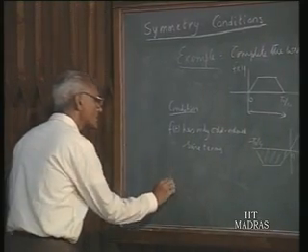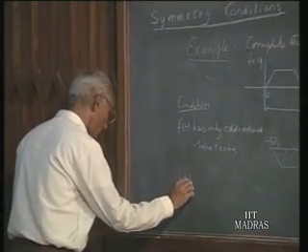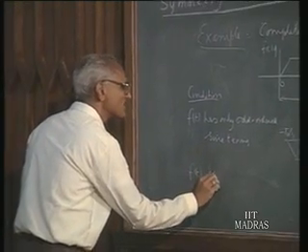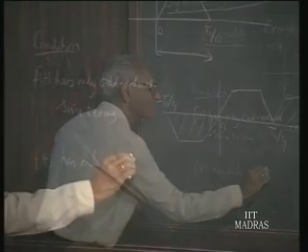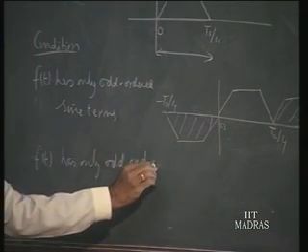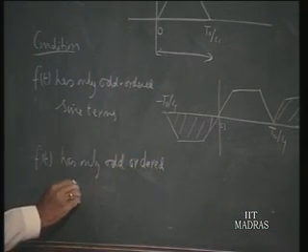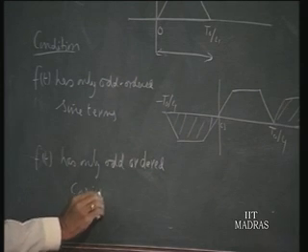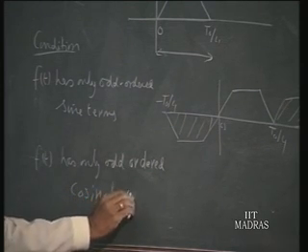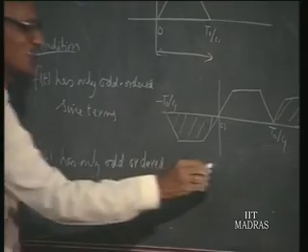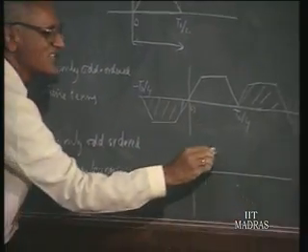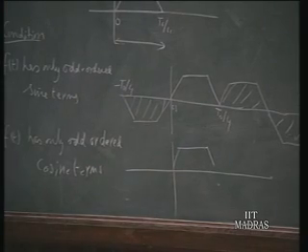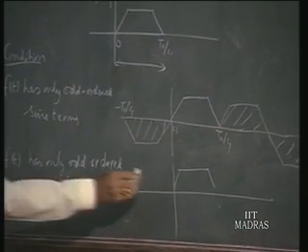Suppose it is said that f of t has odd ordered cosine terms. Then how does it go? This is the waveform that is given to us, and since it has only cosine terms, it is an even function.